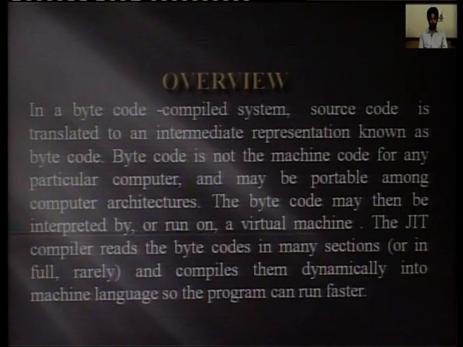The JIT compiler reads the bytecode in many sections, or fully, and compiles it dynamically into machine language, so the program can run faster. Bytecode generation means compilation in the .NET framework becomes very fast. That is why we prefer the .NET framework. If you write a program in Java, it translates the whole file, then executes, but in the .NET framework it compiles so fast, that's why it is called JIT, just in time.